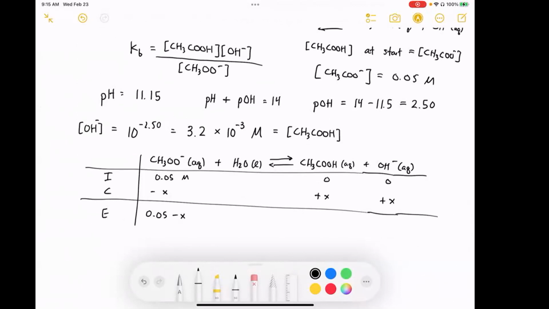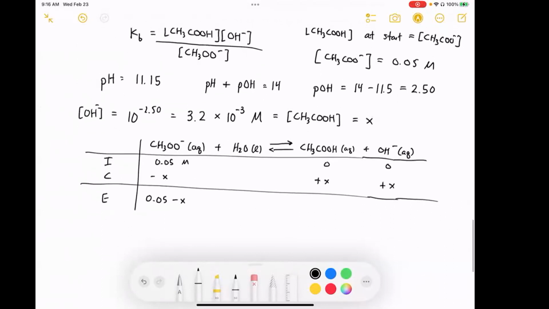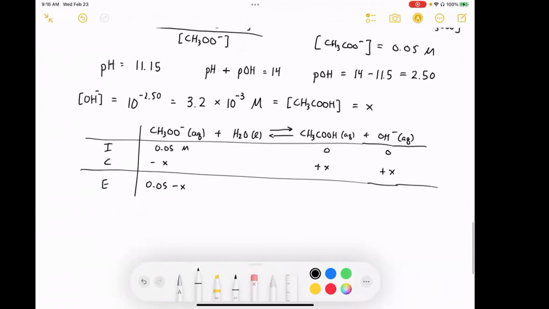So this will equal our X here. We know X, so we can figure out the equilibrium concentration for acetate. So in this case, our equilibrium will be 0.05 minus 3.2 times 10 to the negative third, and this will be 3.2 times 10 to the negative third for the acid and 3.2 times 10 to the negative third for hydroxide.